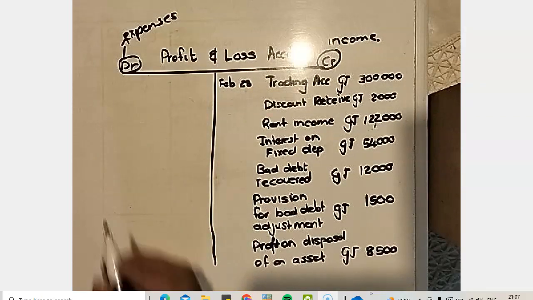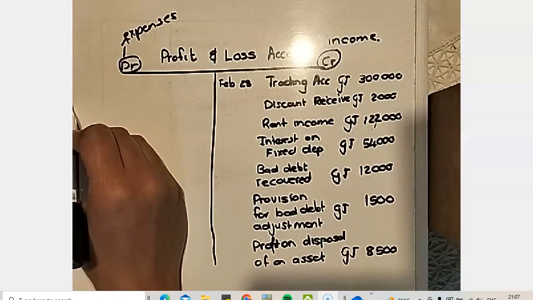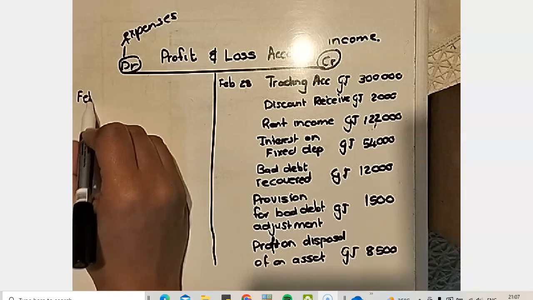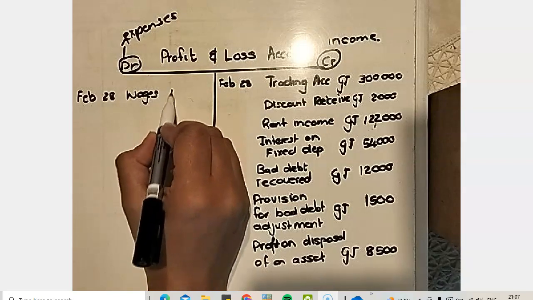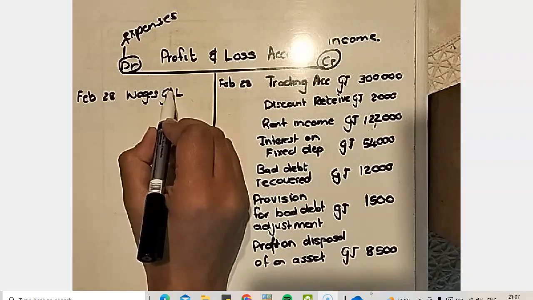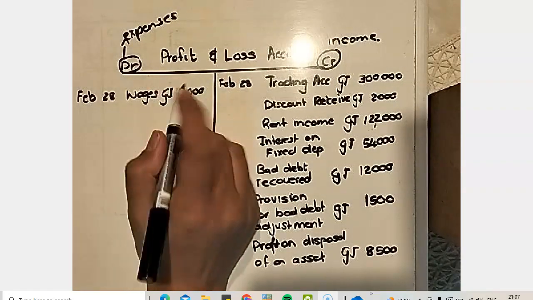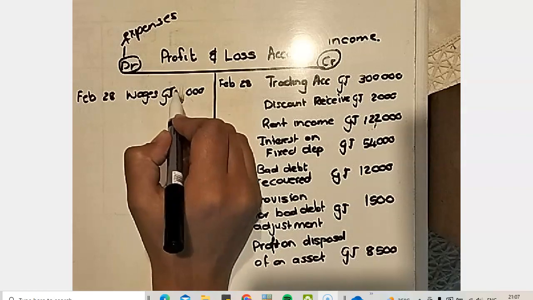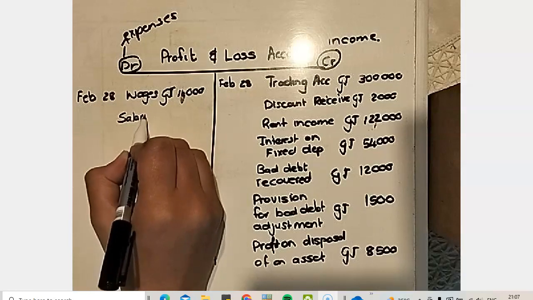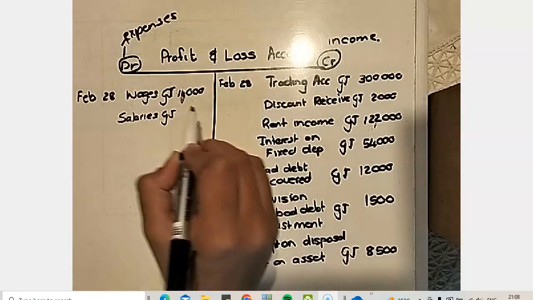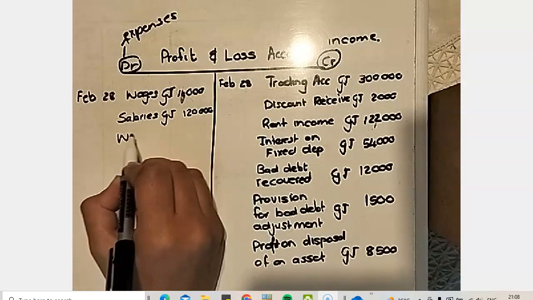Now on the debit side, we will have February 28. So then we have wages as 14,000, also general journal. Then we've got salaries, general journal, water and electricity.